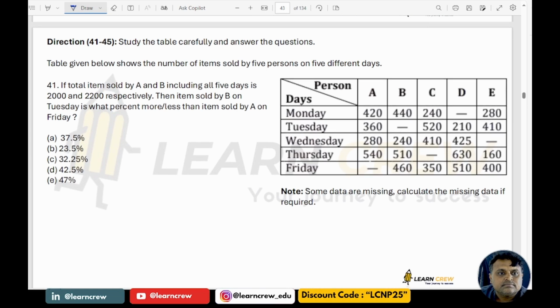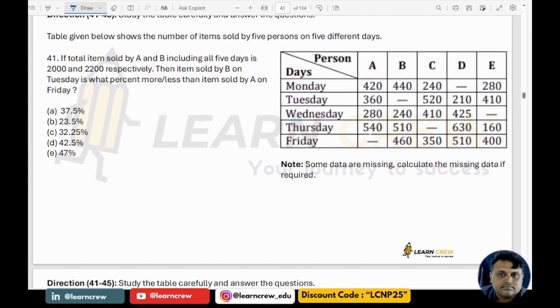Next, 41. The table shows number of items sold by 5 persons on 5 different days. Now, if the total items sold by A and B, including all 5 days, is 2000 and 2200 respectively, then please see here, all 5 days.